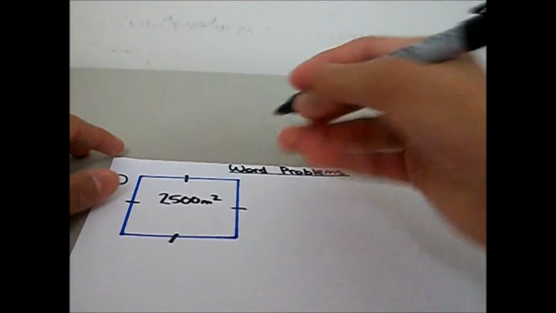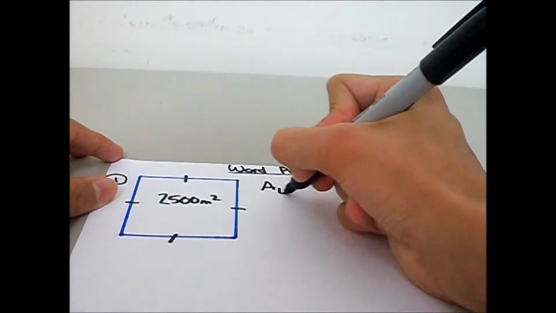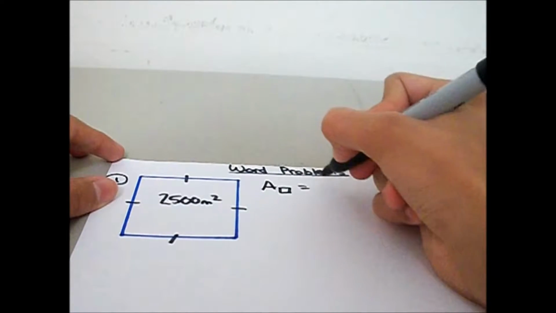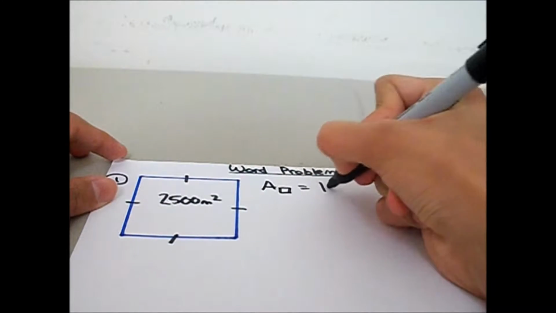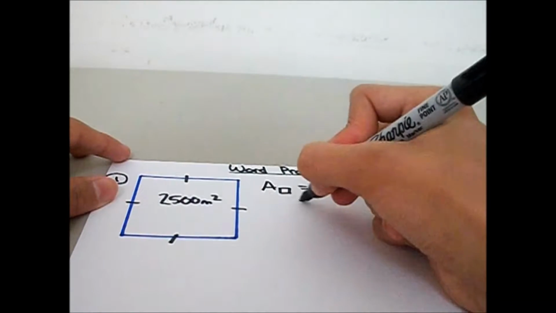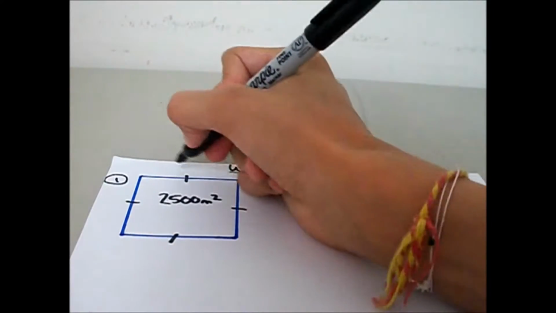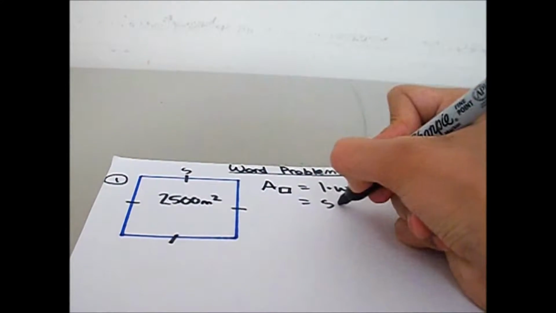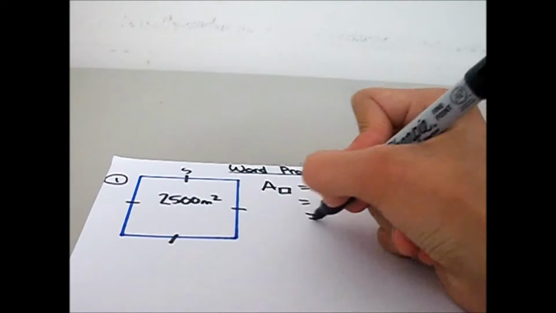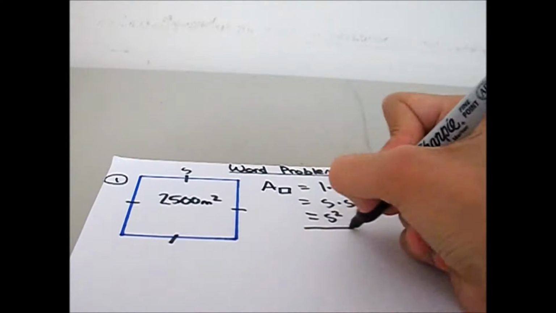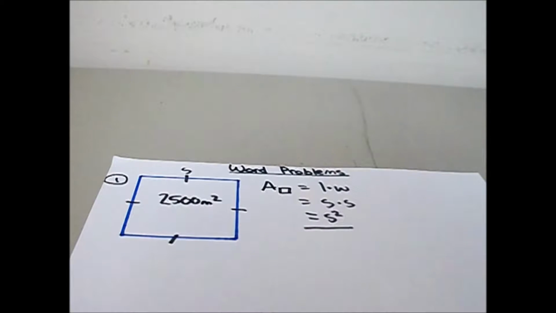We also know that the area of a square is composed of length times width, or in this case, since both sides are equal, we can call this side times side, and to simplify it, s squared. So we know that we have an exponent in this equation.